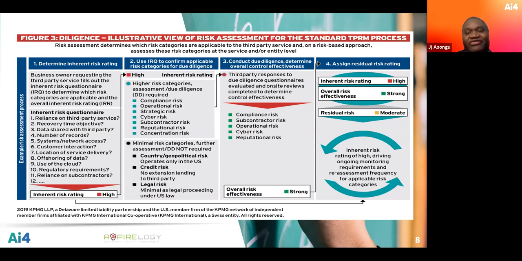The vendor then responds to those questions, and you then do an on-site meeting or a virtual assessment or field work. The purpose of the field work is to verify the responses that they give you and to do a deeper dive into understanding their environment.